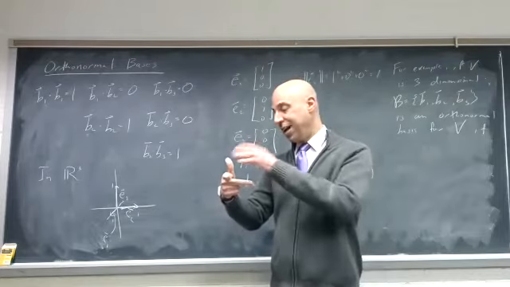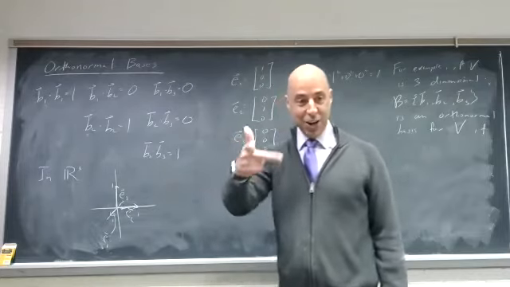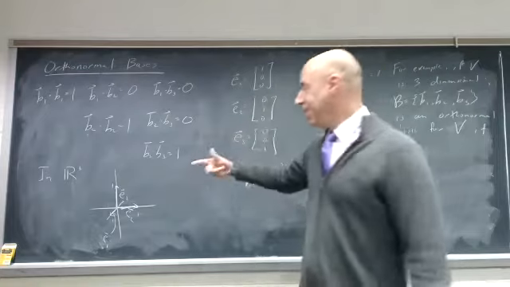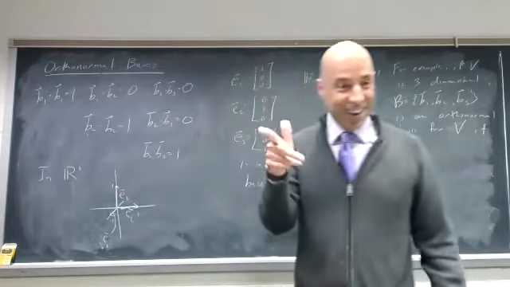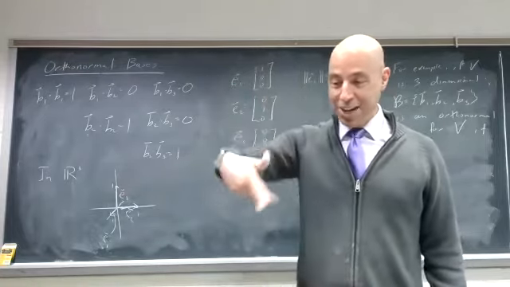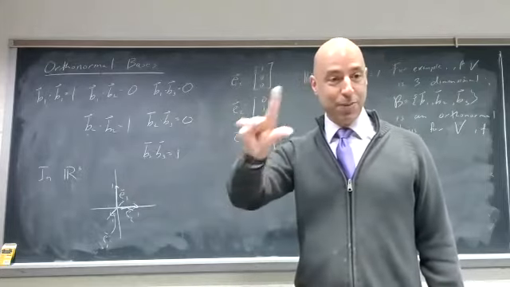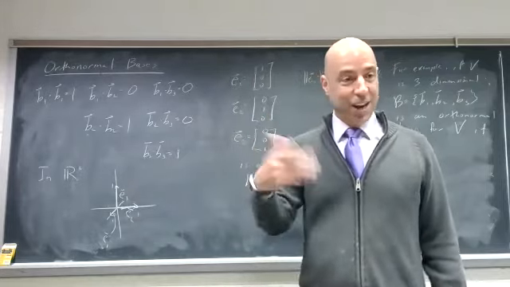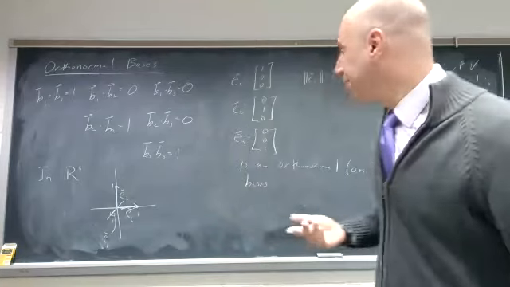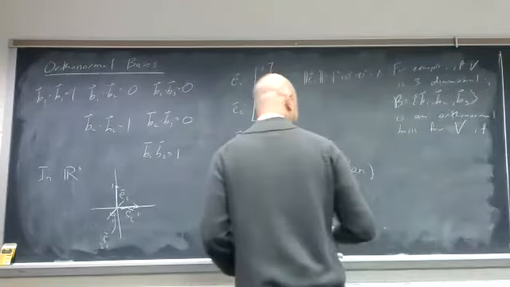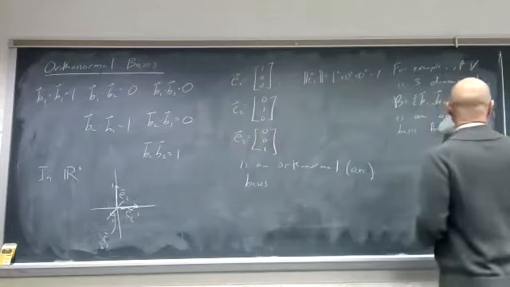They're not quite perpendicular on my hand, but on the blackboard they're perpendicular. Imagine them perpendicular. But I could just rotate this around any way I want and keep them perpendicular, and I have infinitely many different orthonormal bases.